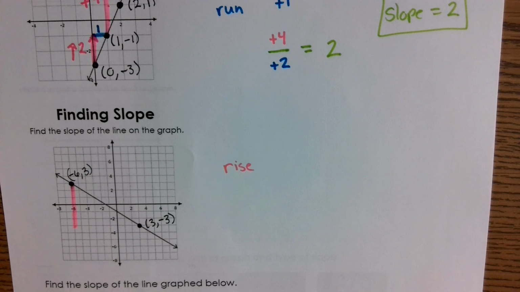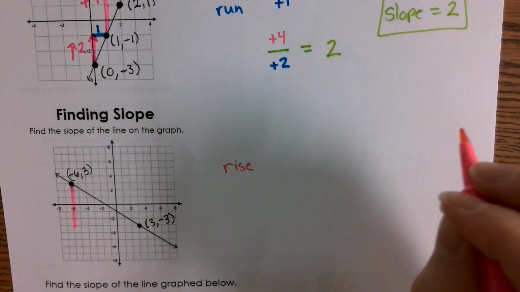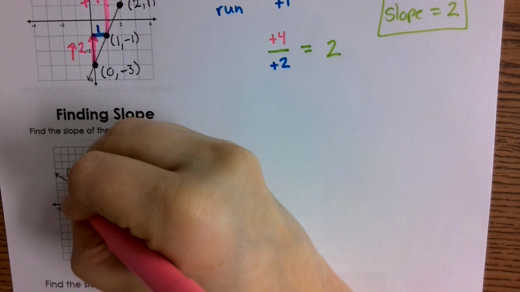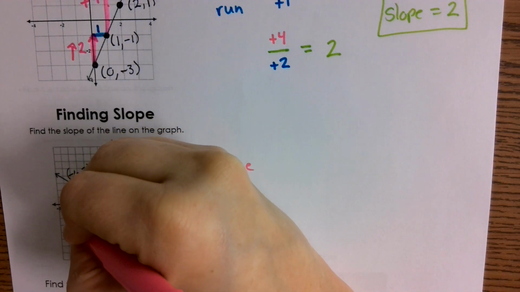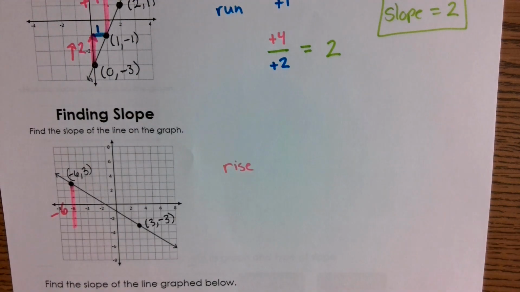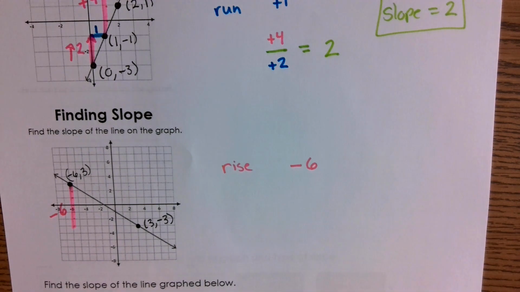How far down do we travel in order to get to that same level as that second point? 6? Let's see. Yep. 1, 2, 3, 4, 5, 6. So we went down. That's where the -6 is going to come from. It's a negative. So our rise is -6.